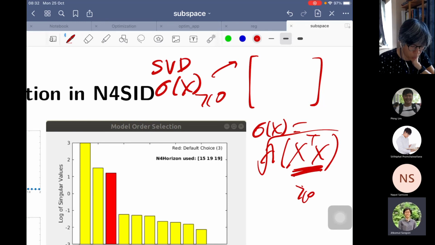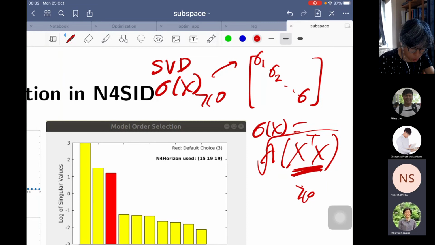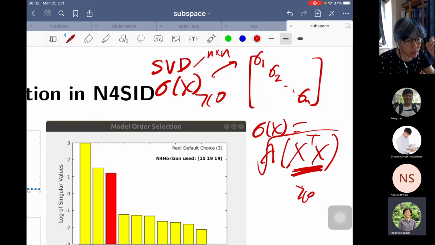When you calculate the singular values, you can sort them so that the first one is the biggest, all the way to sigma n. Singular values can be applied to rectangular matrices as well.